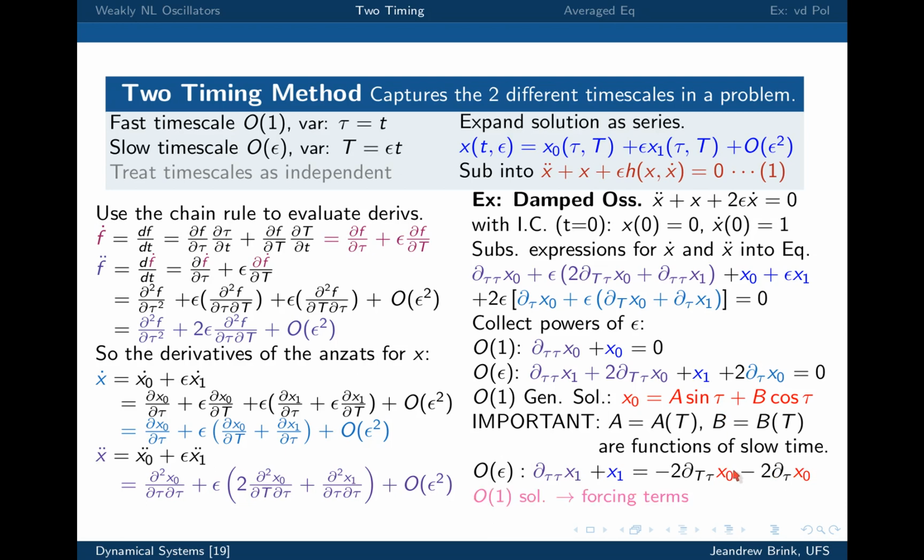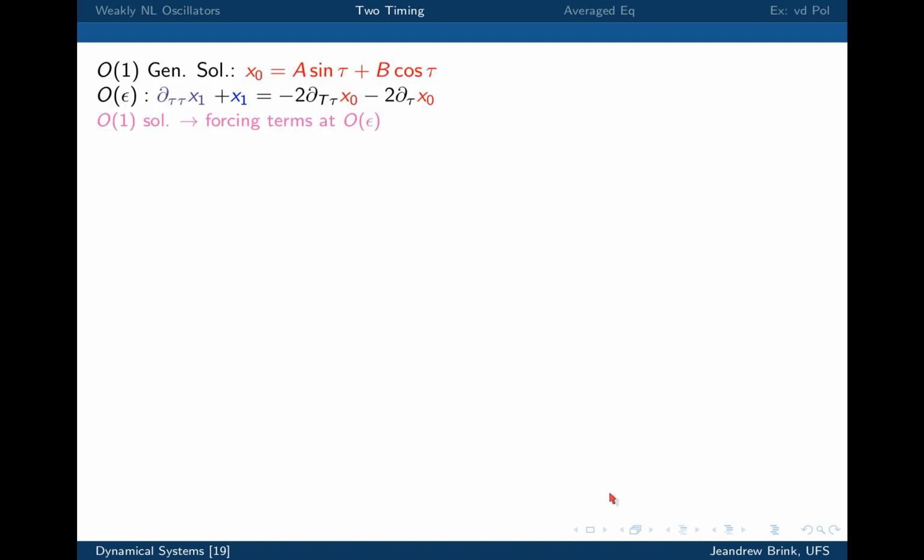Just as in regular perturbation theory, these x0 terms become forcing terms, in other words, functions of known time, here the slow time. I've put everything essential that we had up here so that I can go on. This is just the last 3 lines of the last slide.